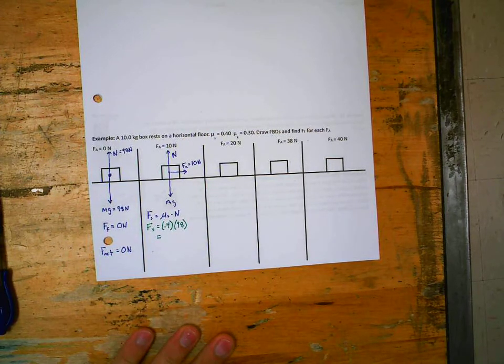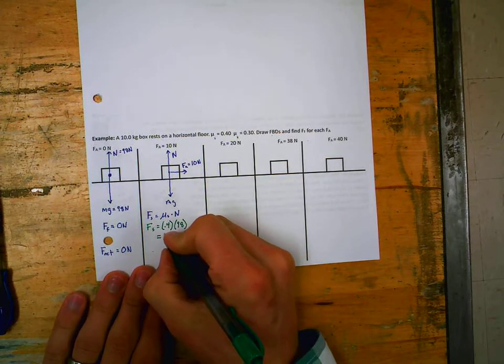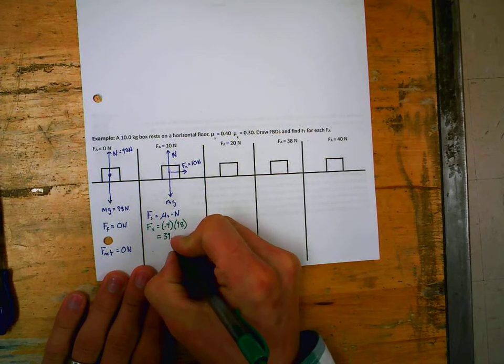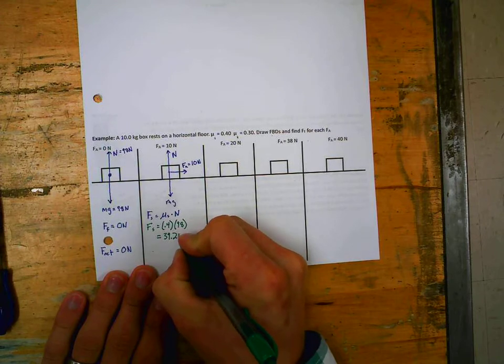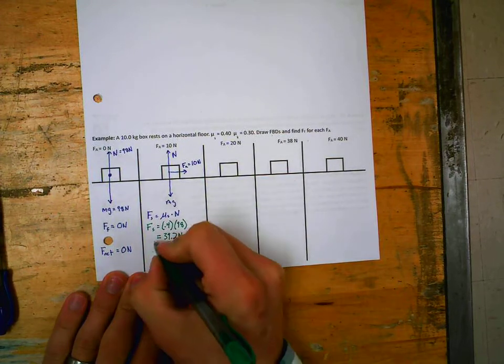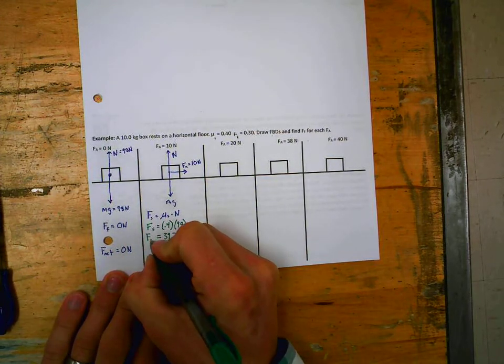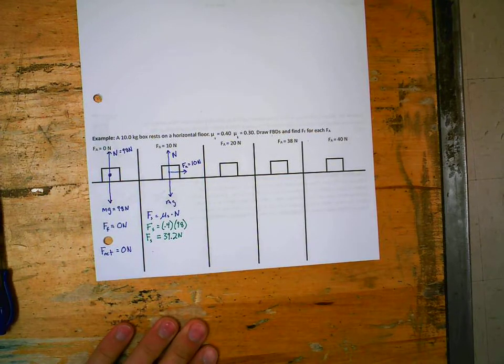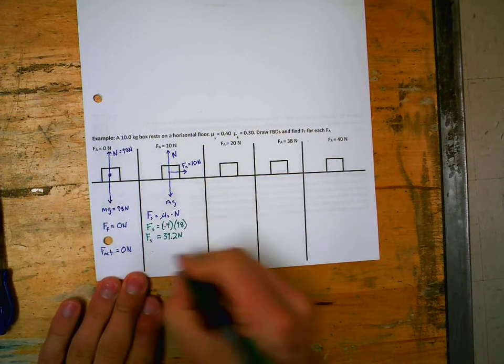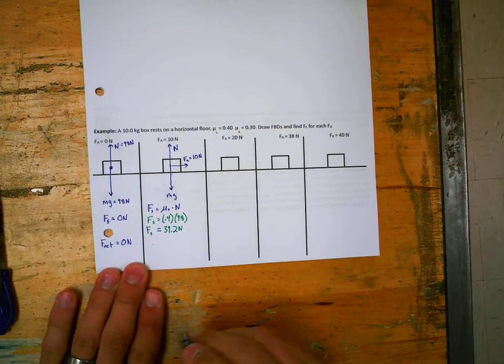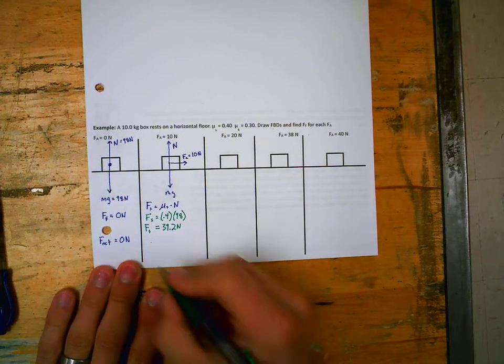Okay, did somebody punch that in? 39.2. Okay, so that's F static. Alright, now that is always, anytime you do this calculation, that is always static max.